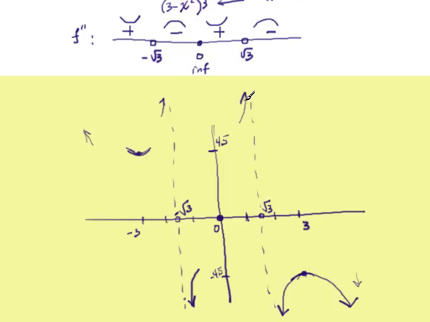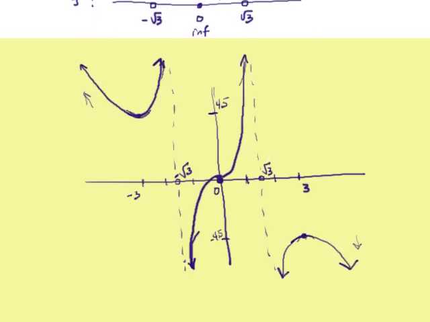So that would be concave up, go through the inflection point where it changes to concave down. And on the other side of square root 3, the curve is concave up. So let's end up with that end behavior like we drew before, and let's draw a concave up curve like that. So that's the final curve.